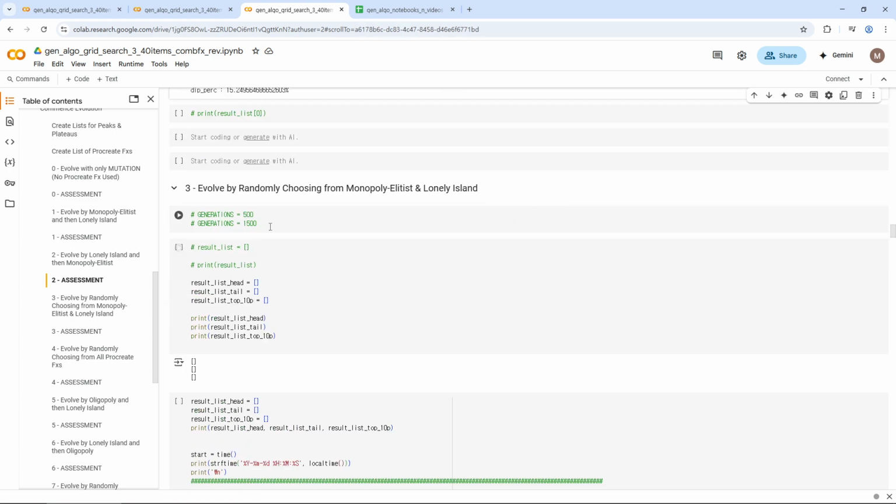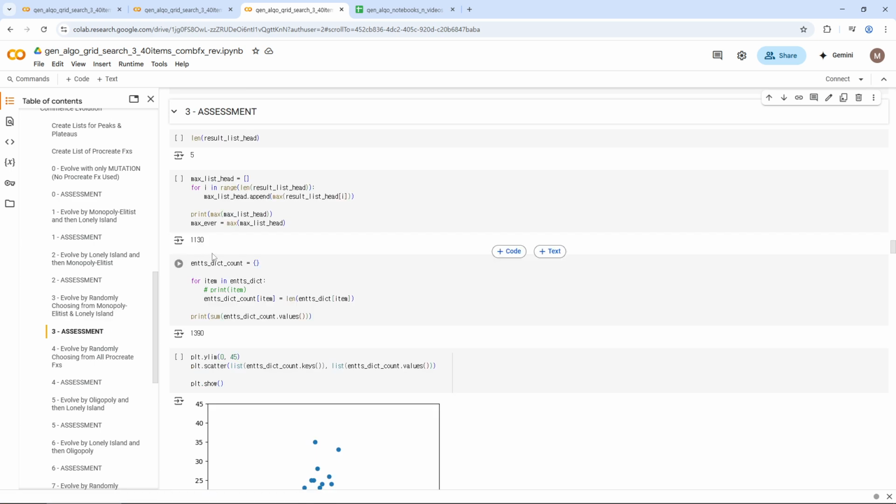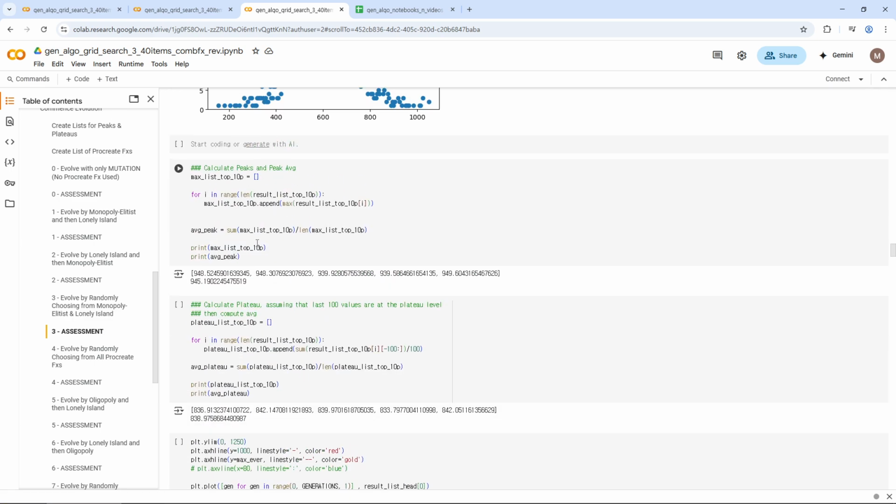Next one is step 3. The 4th step is evolve by randomly choosing from Monopoly Elitist and Lonely Island. So just random. And when we do that, the average peak is 945. The average plateau is 838, which is higher.